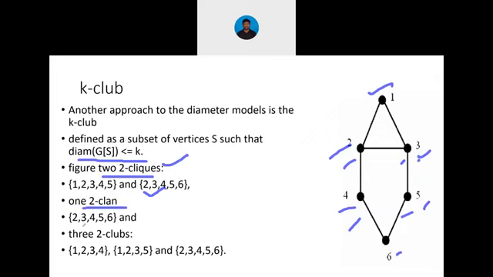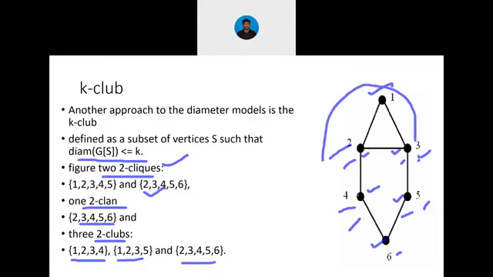What is the one two clan here? 2, 3, 4, 5, 6. This is nothing but a two clan, right? And there are three two clubs. 1 2 3 4, 1 2 3 5, and 2 3 4 5 6.